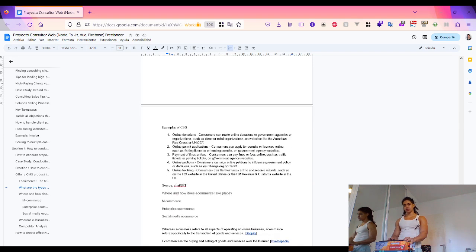And then I look at consumer to government, right? Such as online donations like UNICEF or the American Red Cross, online permit applications like fishing licenses and hunting permits, payment of fines or fees like traffic tickets or parking tickets, online petitions such as change.org or Care2, where consumers can sign online petitions to influence government policy.